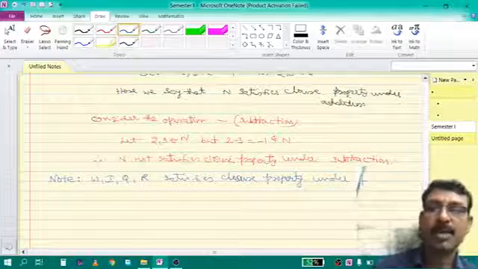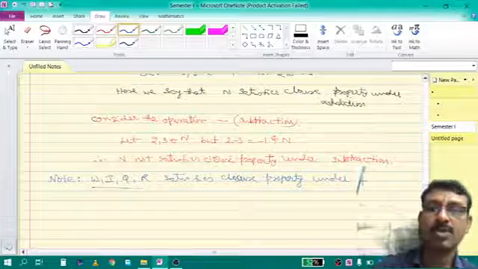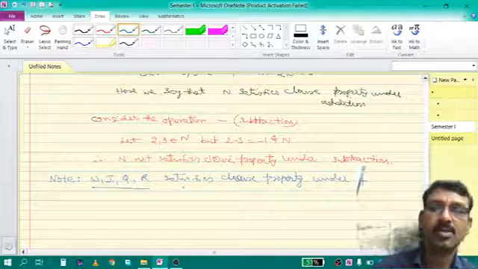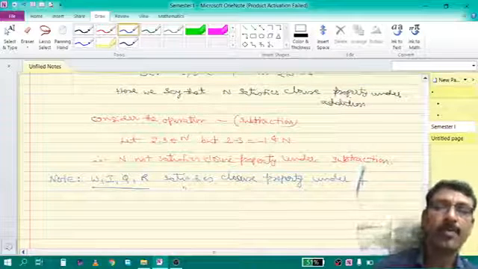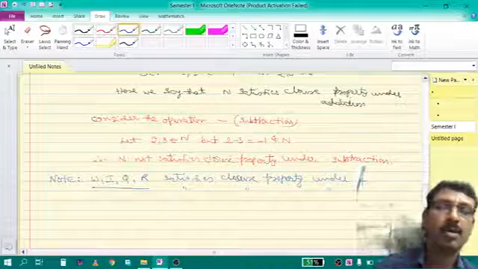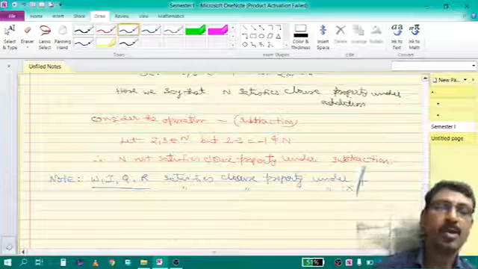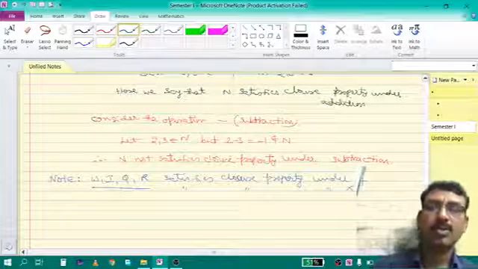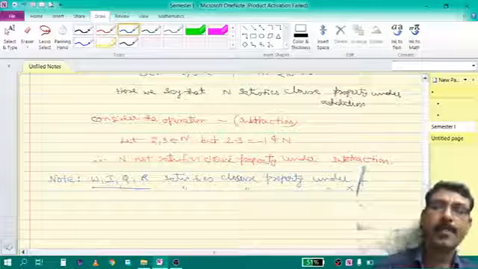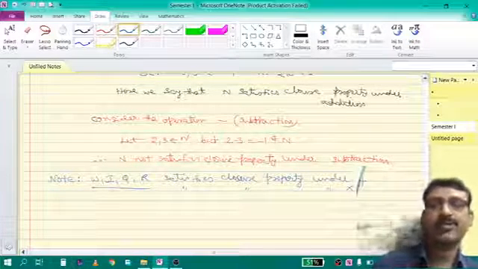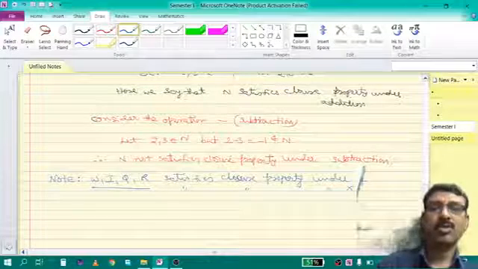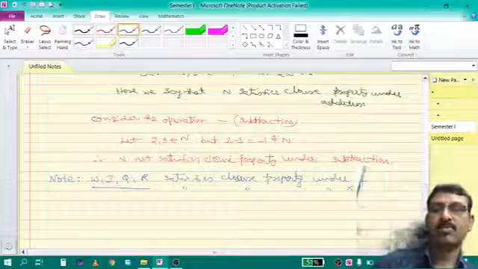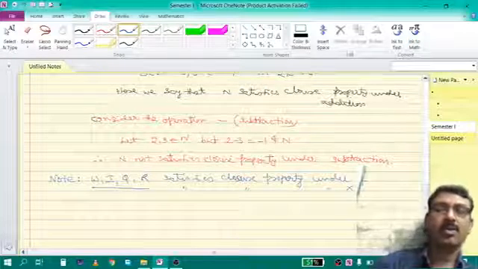But you can say these four sets satisfy closure property under multiplication. So if we consider the division operation, on the division operation also these four sets do not satisfy closure property.